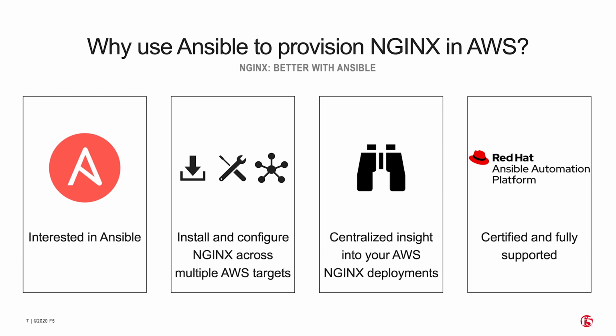Number 3, moreover, by using Ansible as your source of truth, you can also achieve an unparalleled centralized insight into all your NGINX deployments, in addition to any AWS monitoring you might have already set up. And finally, number 4, both NGINX collections are certified and fully supported by Red Hat. That way, if something goes wrong, you will have someone to reach out to and ask for help.